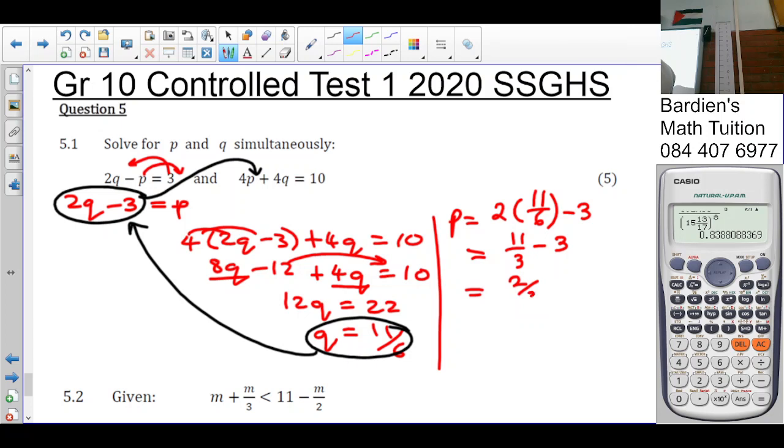It's going to give you 2 over 3. That's correct.